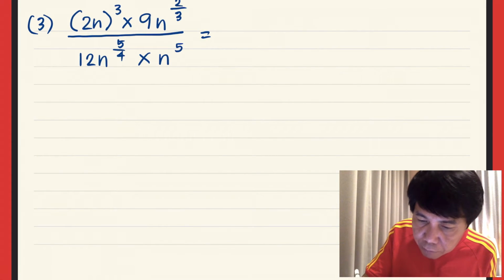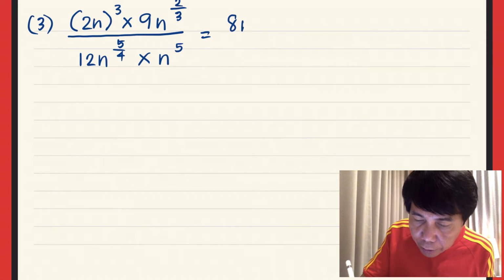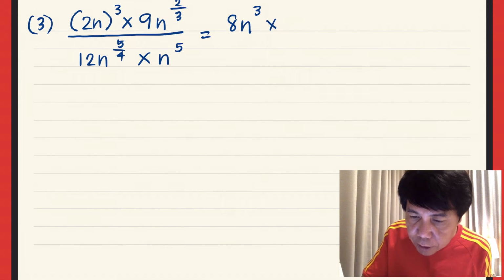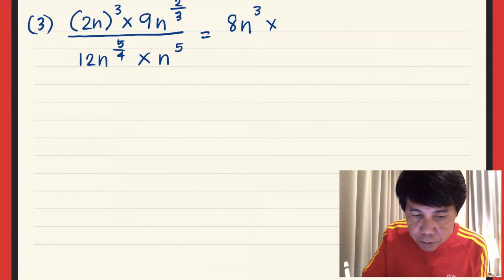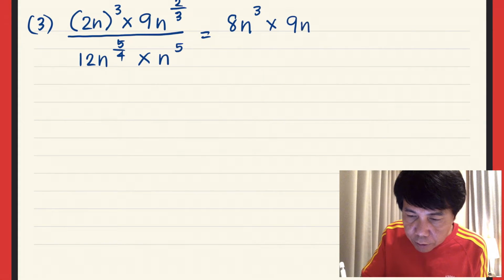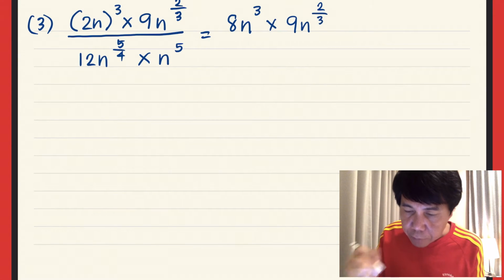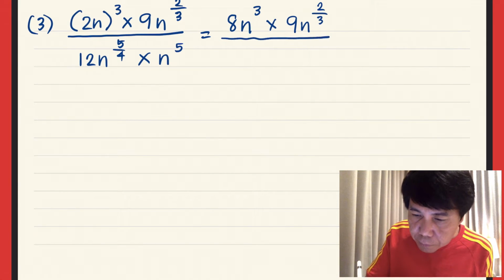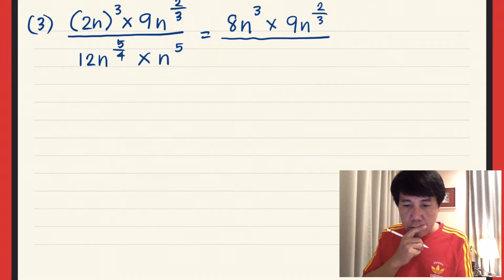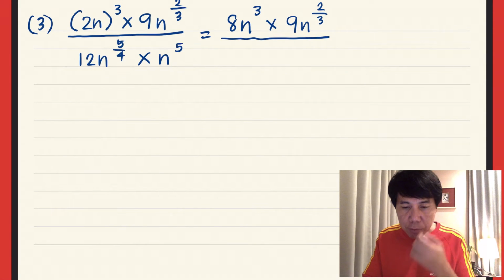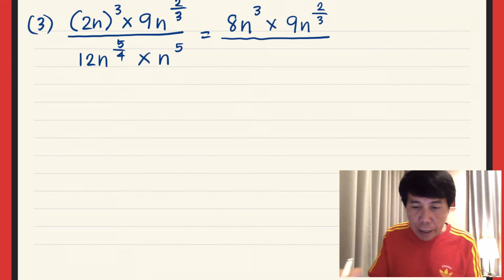So we have here 8n raised to the power of 3, times 9n raised to the power of 2 over 3, over, in this case we have to add the exponent 5 over 4 plus 5.